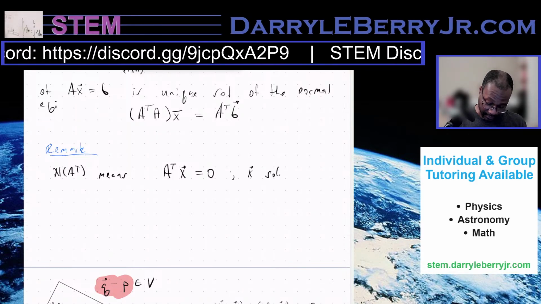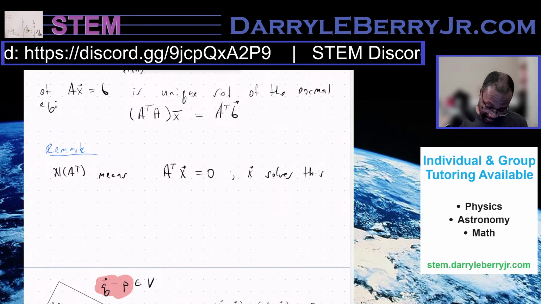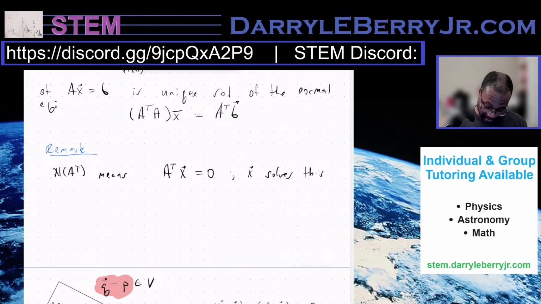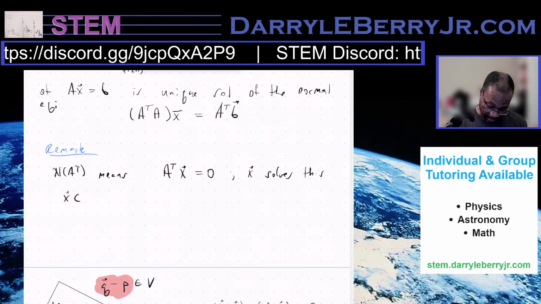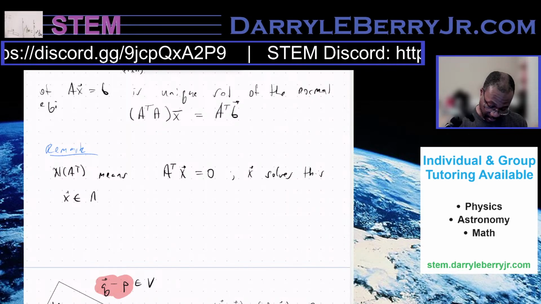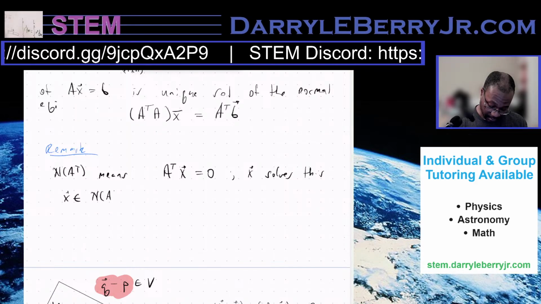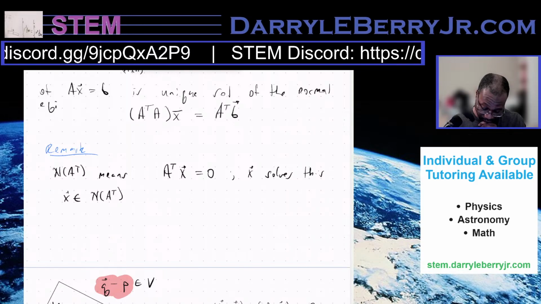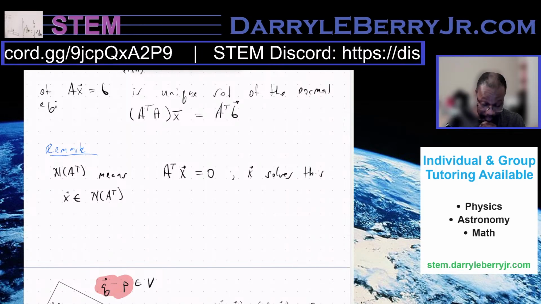X solves this. X is in the null space of A transpose, A^T X equals 0.